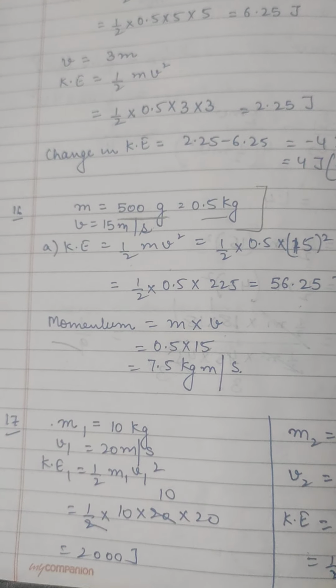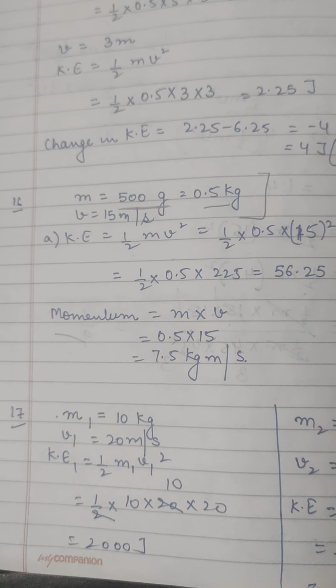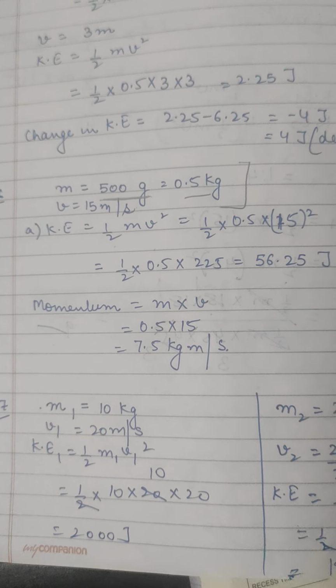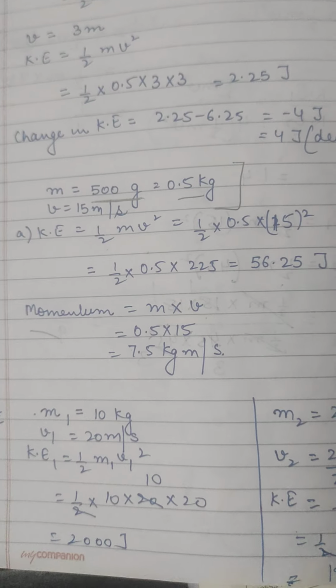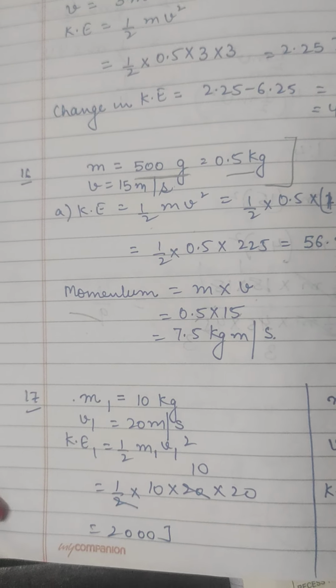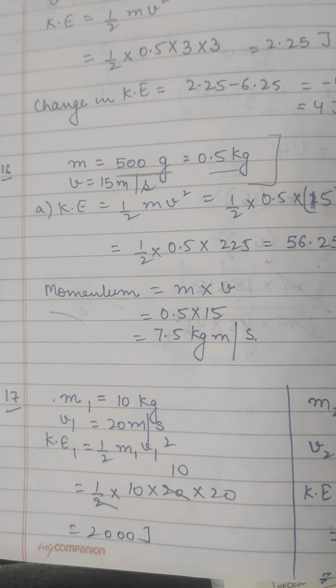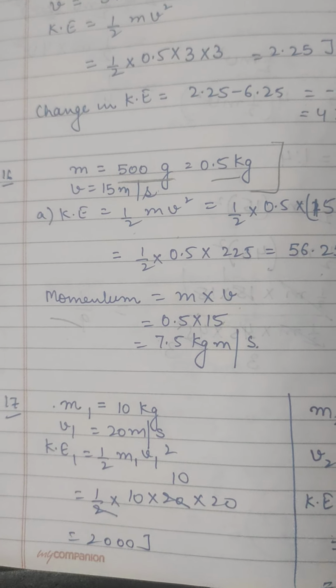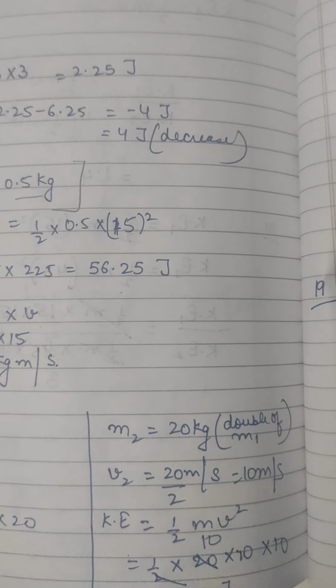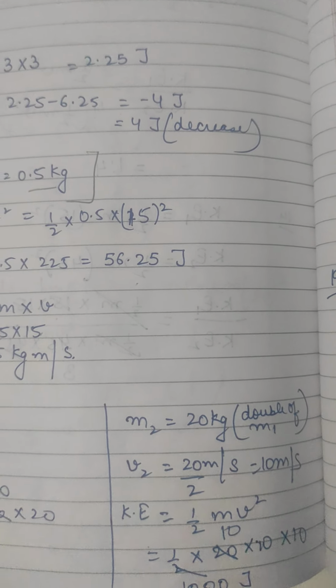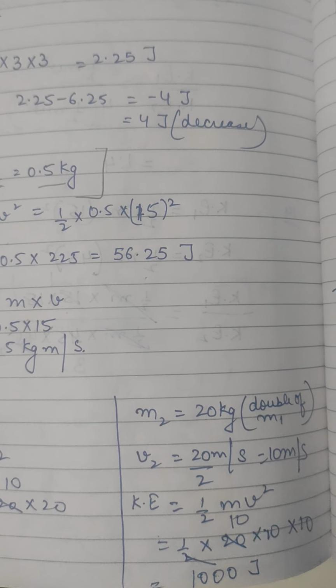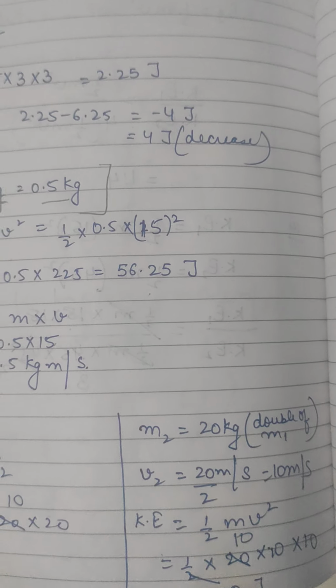Okay, now come to the 17th question. A body of mass 10 kg is moving with the velocity of 20 meter per second. If mass is doubled, it will become 20 kg.